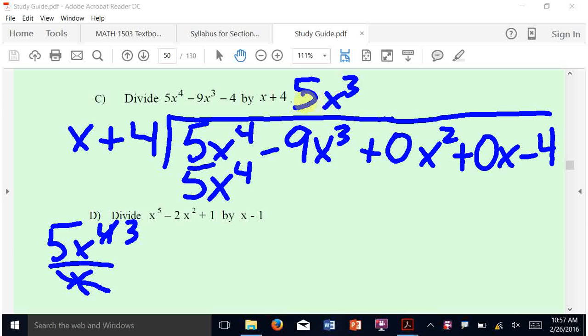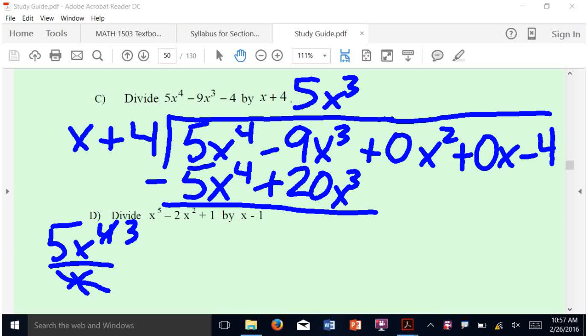Okay, let's continue with our second step, multiplying. And multiplying 5x cubed times our second term in the divisor, which is 4. Okay, so we have plus 20x cubed. And the degrees here, or the exponents more accurately, should be the same. Okay, so that was the second step.